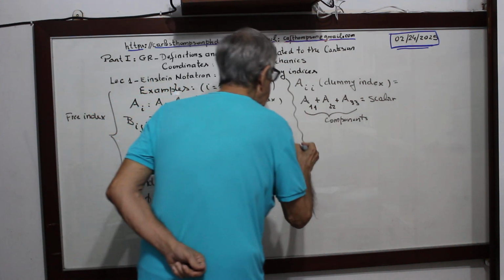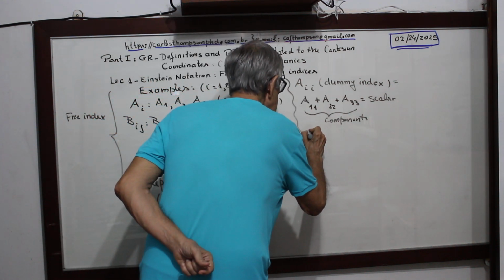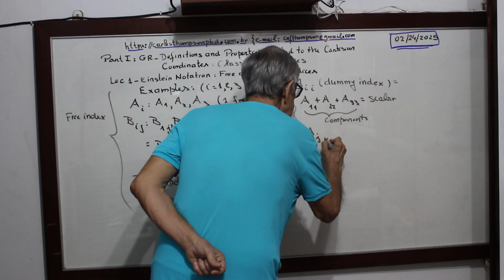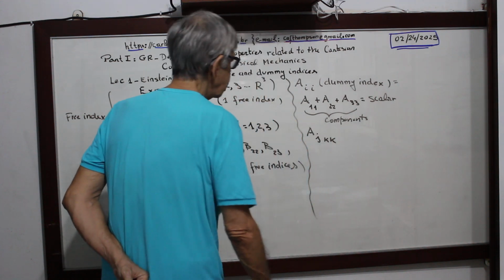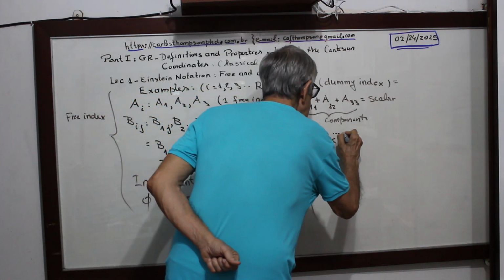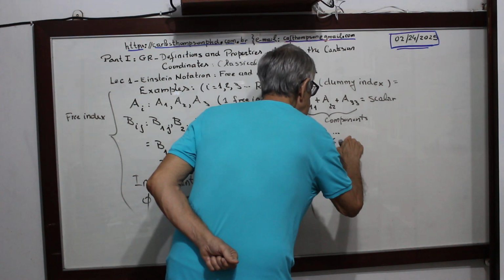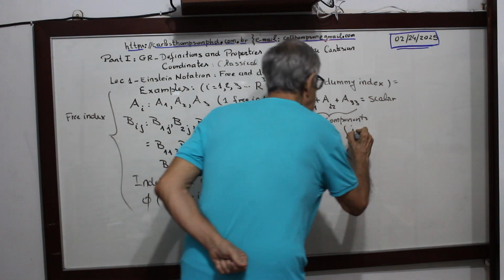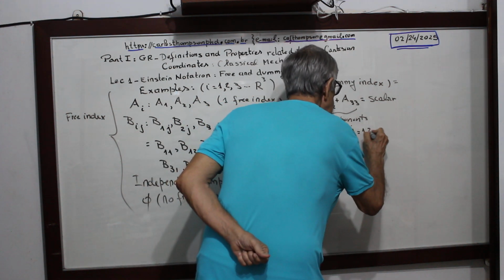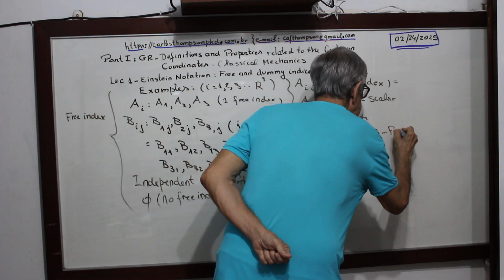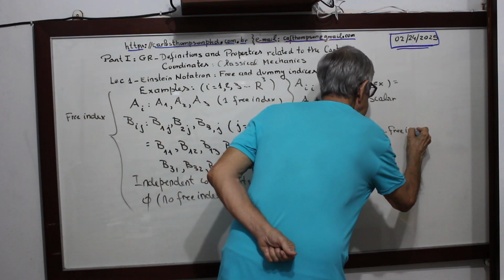Now, suppose I have A_jkk. This corresponds to A_1jkk, let's go like that. j is equal 1, 2, 3. This is a free index.